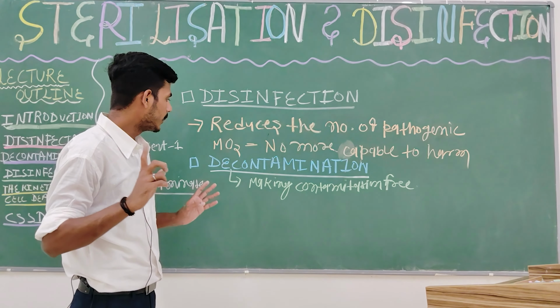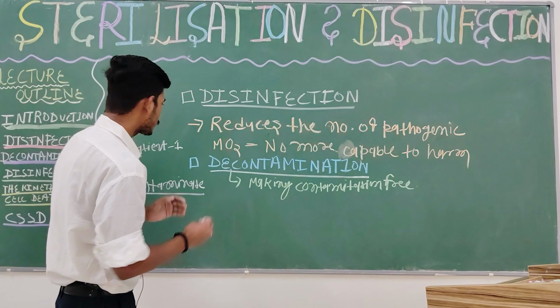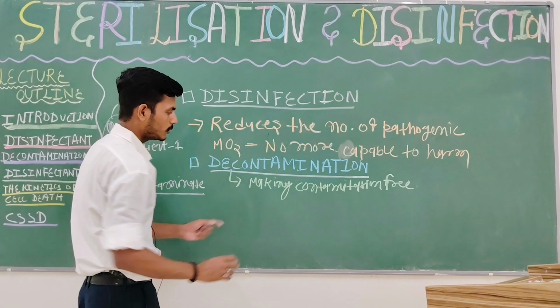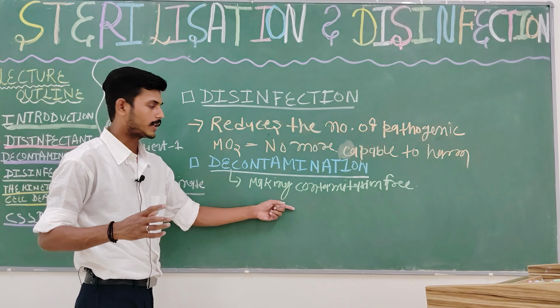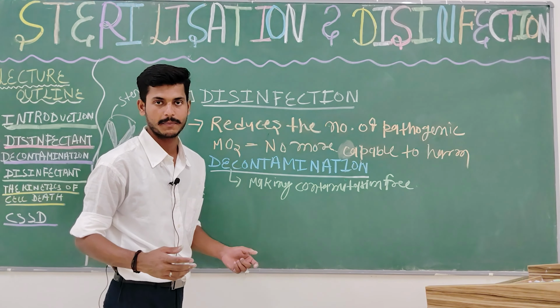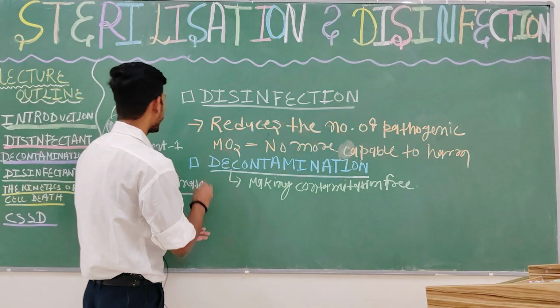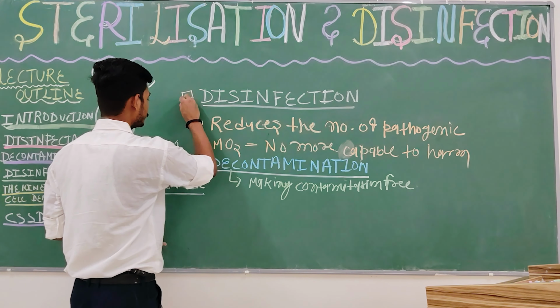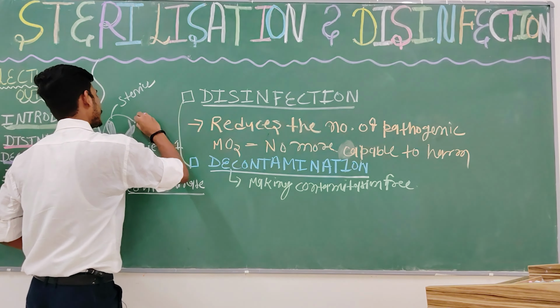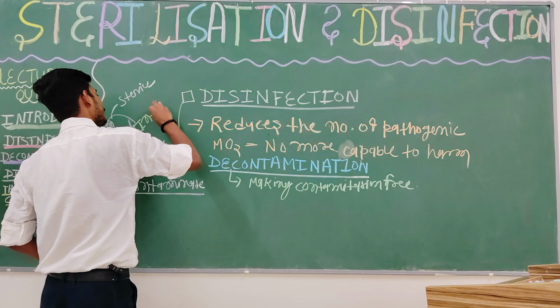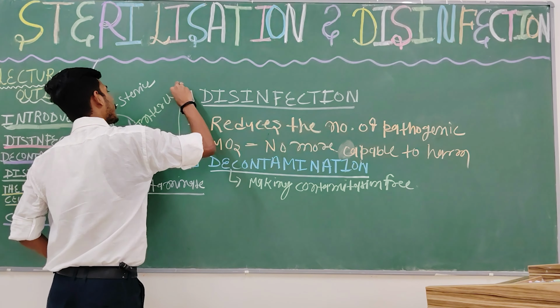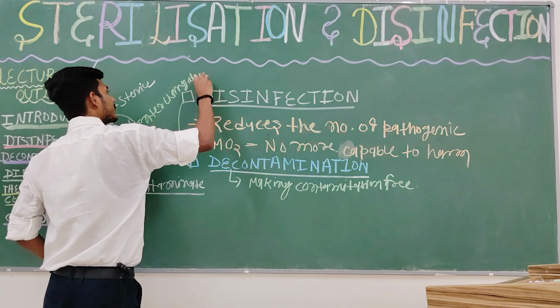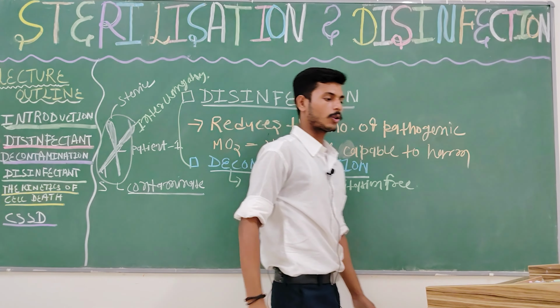Making contamination free, that is decontamination. Just see, here also you are not achieving a total microbial free environment, total sterile environment. So that's why disinfection and decontamination are used interchangeably. Fine, got the points?